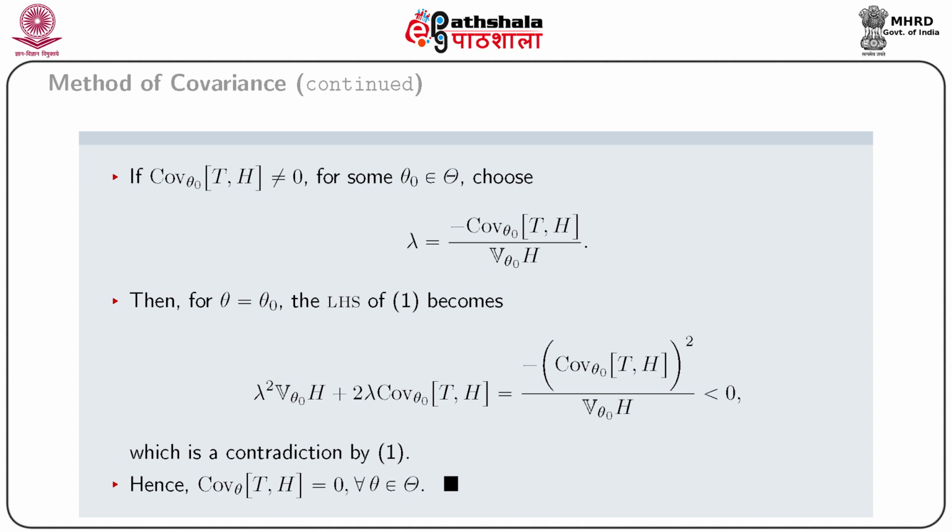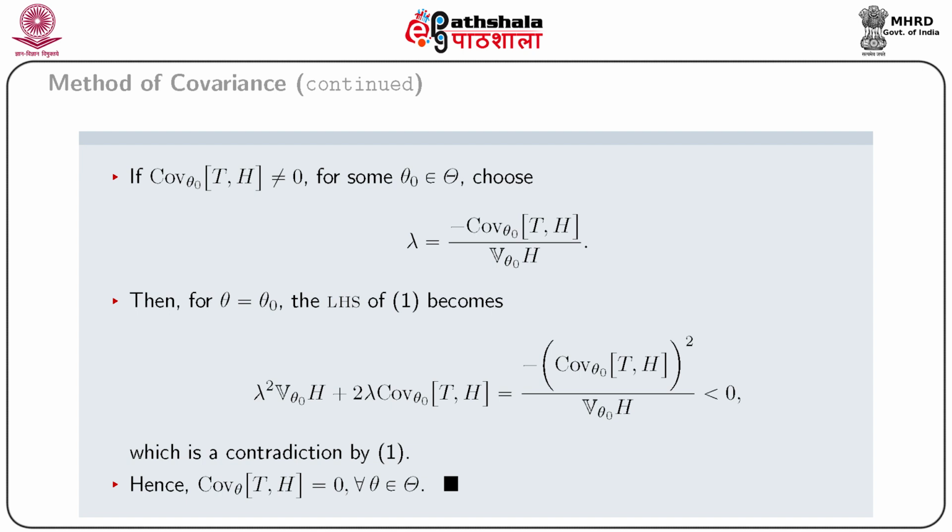Then for theta equals theta naught, the LHS of 1 becomes lambda square times variance of H under theta naught plus 2 times lambda times covariance of T and H under theta naught, which is equal to minus covariance square of T and H under theta naught, whole divided by variance of H under theta naught, which is less than 0.